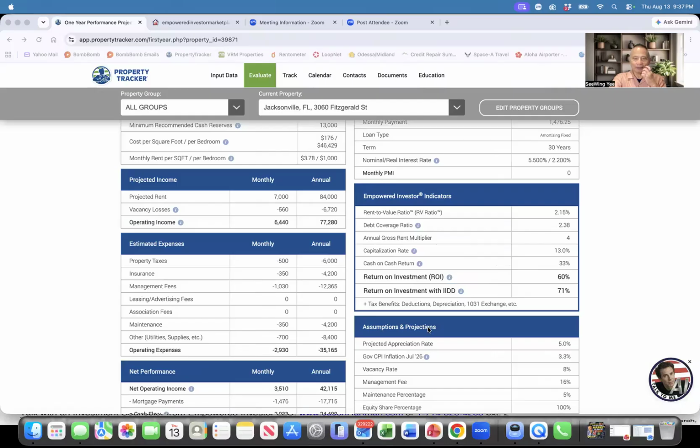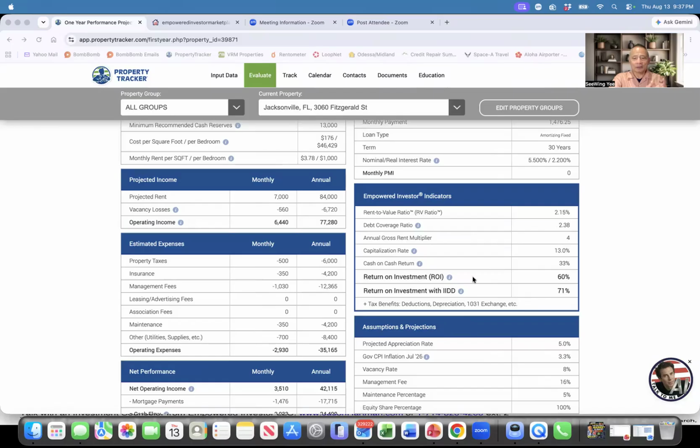That's why the return on a rental property is so much higher than the returns of any other asset class, whether stocks, Bitcoin, crypto, or gold. Nothing beats income property, rental property. That's how sure I am.